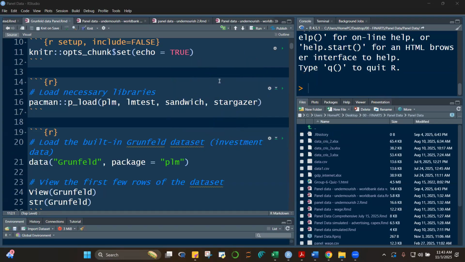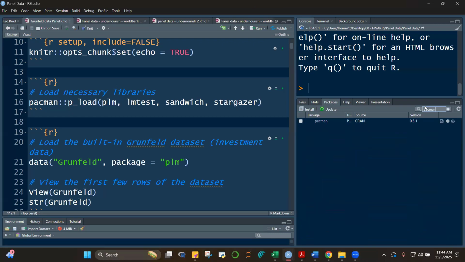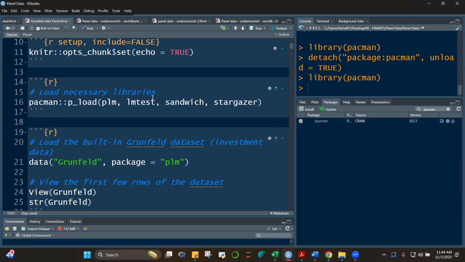Okay. So we're going to load some packages class here. So kindly use Pacman. Make sure your Pacman package is loaded. Make sure it's checked class. And then let's load these packages: PLM, LM test, sandwich, and stargazer. Although I think we already loaded this before, but it's okay.